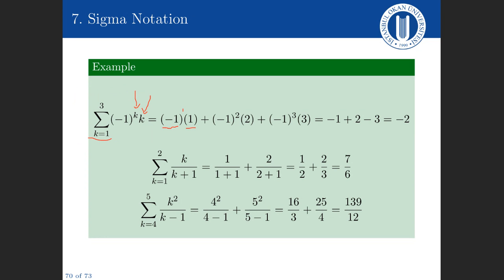And then we do k equal to 2, minus 1 to the power 2, and then 2. And then we do k equal to 3, minus 1 cubed, multiplied by 3. And when we get to 3, we stop. We have minus 1 plus 2 minus 3, which we can calculate as minus 2.